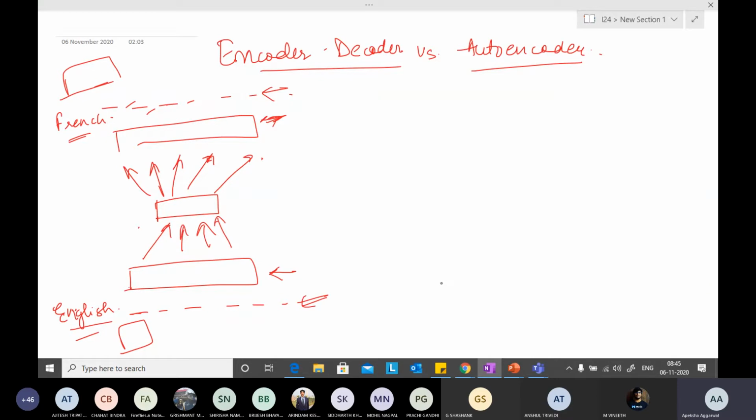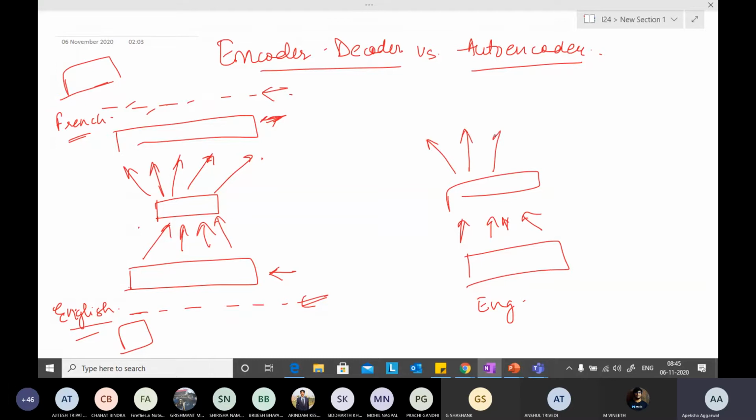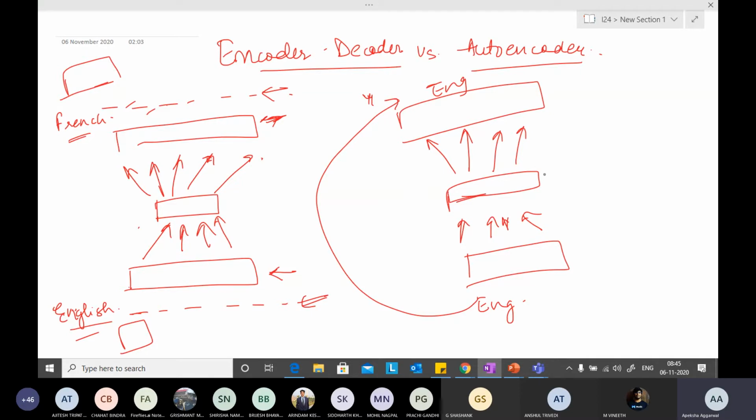While in autoencoder, suppose this is the English sentence, and we are generating some representation of it. The output is exactly the same as the English sentence only. So this X is exactly same as Y. So what we want is input exactly same as output. But why do we do this? We want to generate a representation of this English sentence such that we don't require the whole English sentence to represent it.